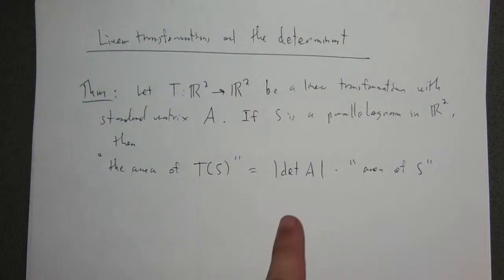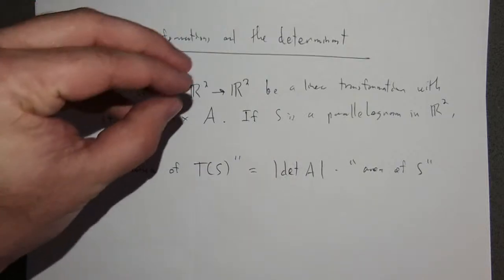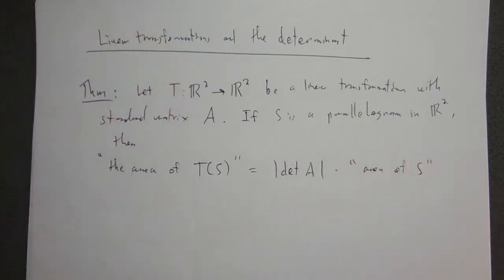Now, what if the determinant of A is 0? So what if the linear transformation in question is one that has a standard matrix that is not invertible? Well, in that case, this standard matrix squishes or collapses some of the dimensional data that you have and makes this 0. The area of the transformed region is 0 times this area, so it's just 0.